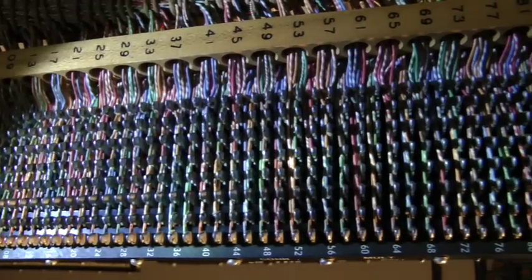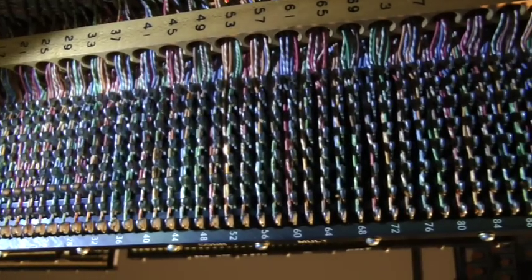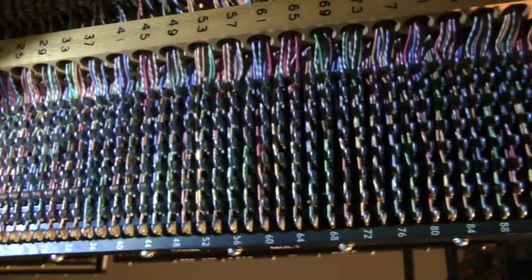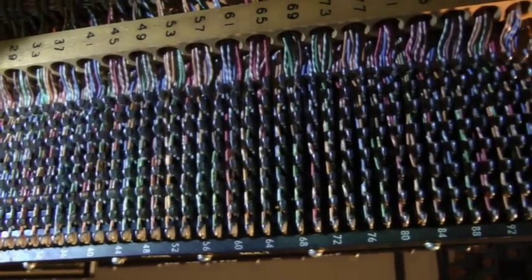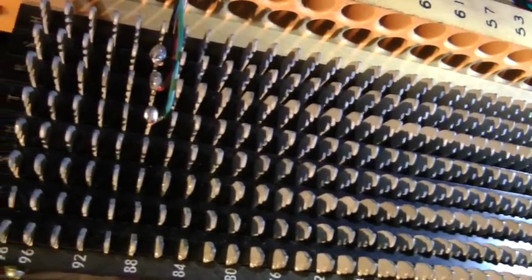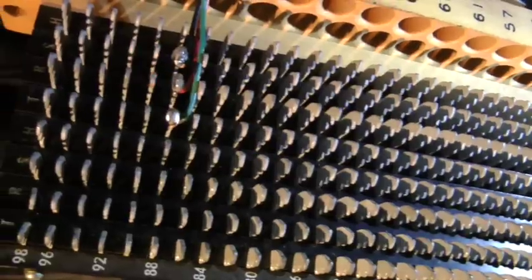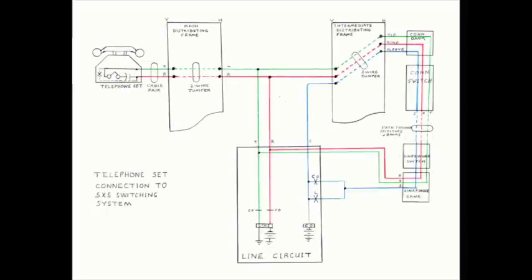The terminals extend right through the block and have similar solderable projections on the other side, which is the cross-connection side. Now we are looking at the cross-connection side, and here is a 3-wire jumper.